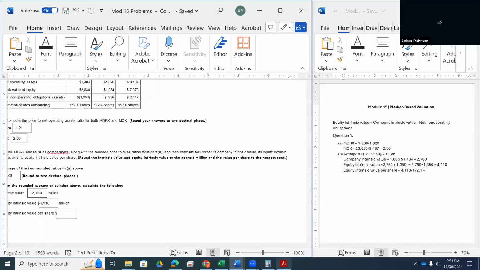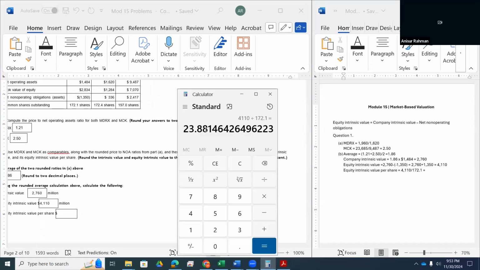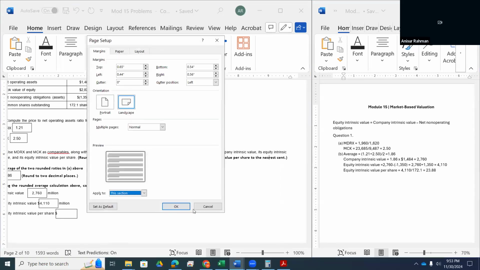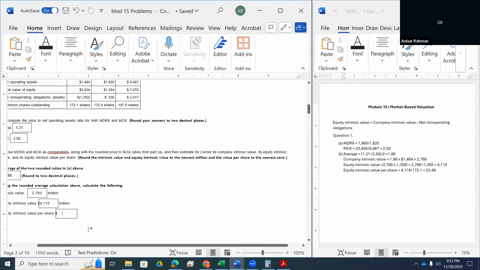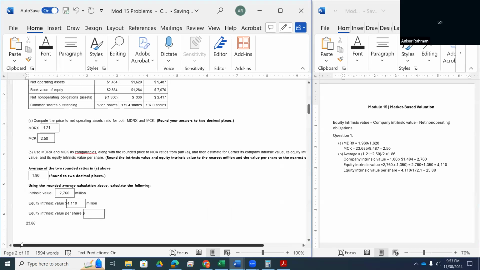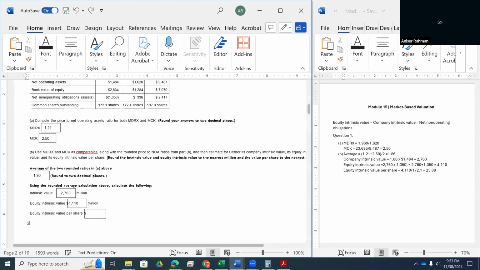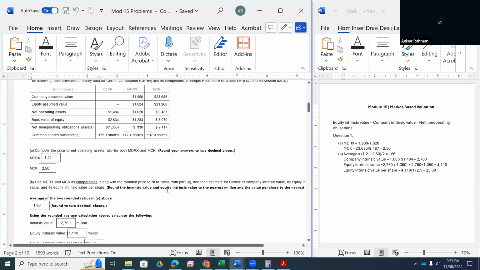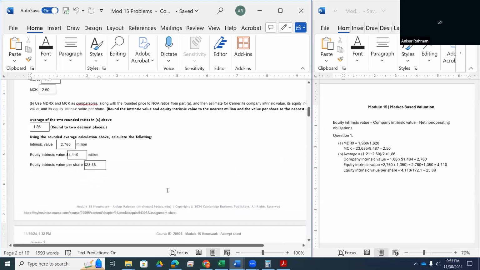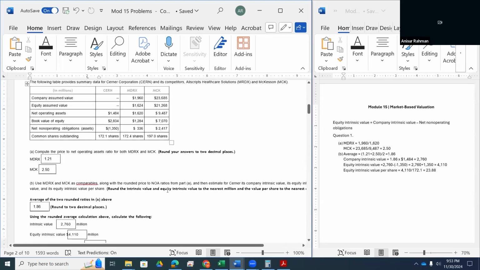Value per share to the nearest cent. So it will be 23.88. So that is all about question 1.